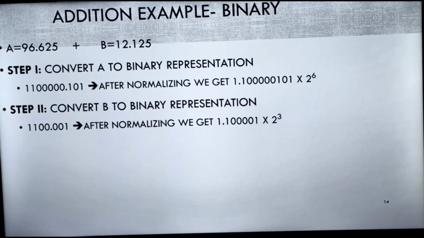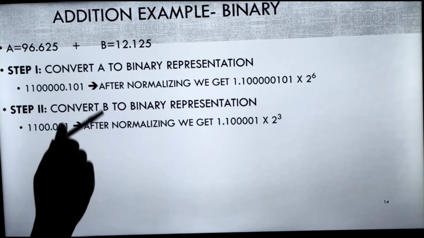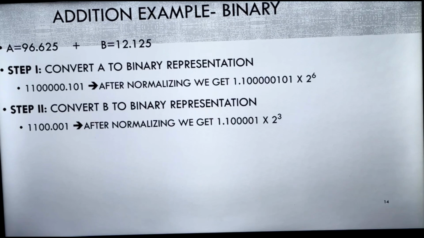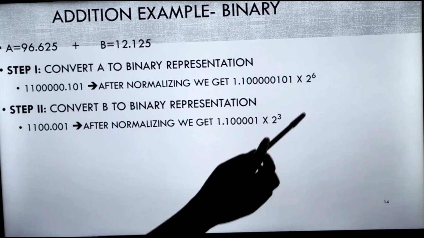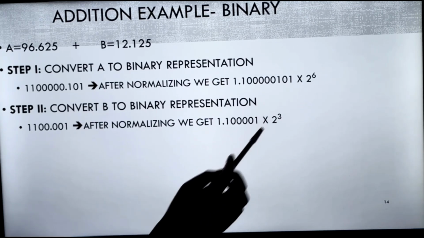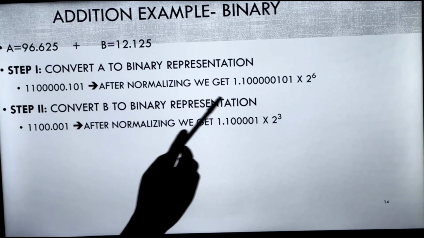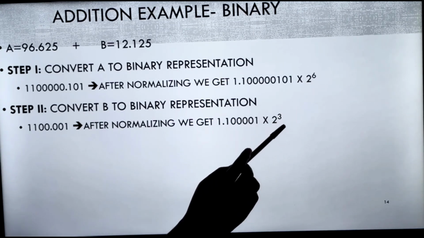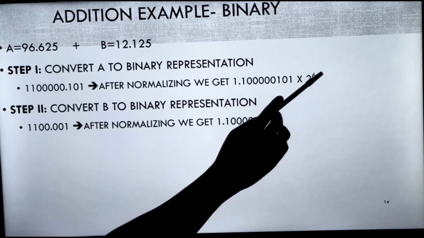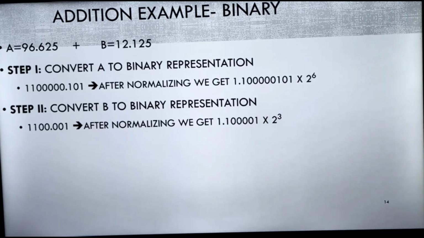Now here is the next important thing we have to remember. These two steps are very easy. The third step is I have to check which of these two numbers has the largest exponent, not mantissa, sorry, largest exponent. If you see, A has exponent 6 and B has exponent 3. So 6 is the largest one.